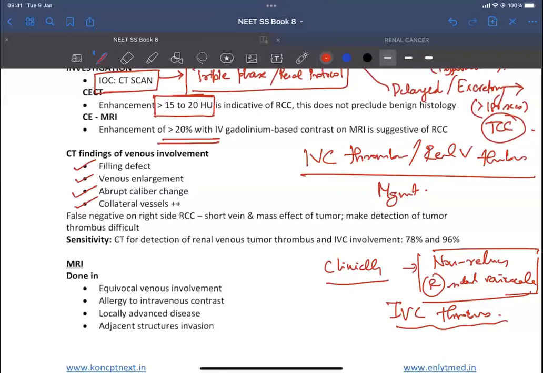Again, the gold standard for diagnosing a tumor thrombus would be a cavography. You should always remember the gold standard investigation is usually the most invasive and the most complex. But what we commonly do is, in most cases, with the newer CT scans, you can pretty much pick up presence of venous involvement on just CT.